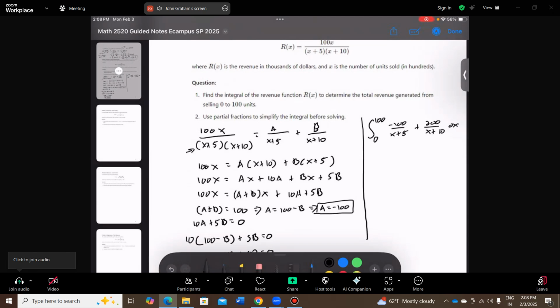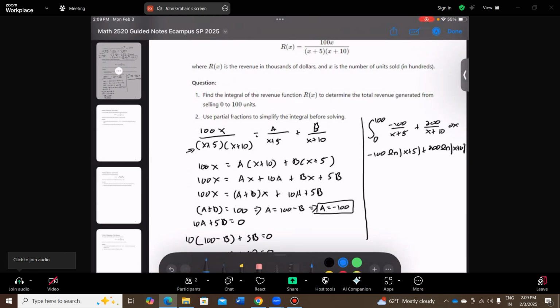So we'll have negative 100 natural log of x plus 5 plus 200 natural log of x plus 10. And then we're evaluating this from 0 to 100. We're not going to write plus C, but remember we have limits here.